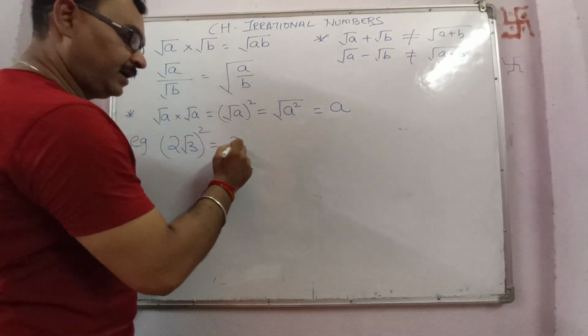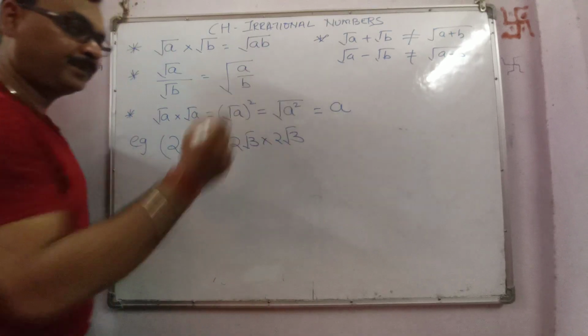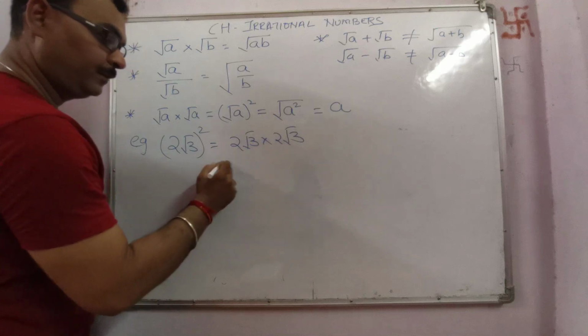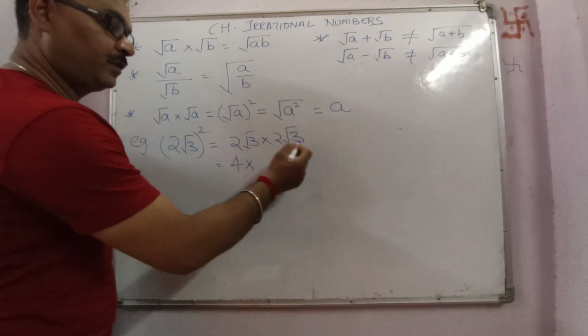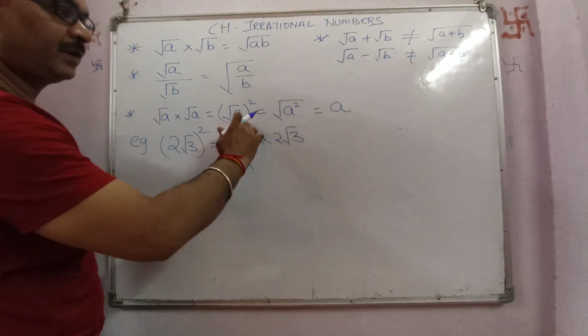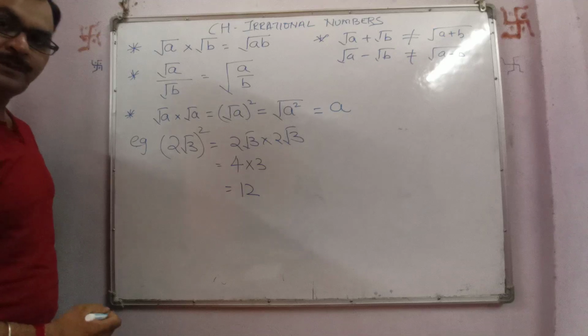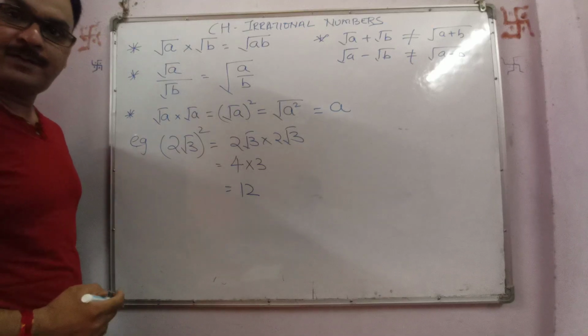Square means multiplying the same number twice. So 2 into 2, that is 4, and root 3 into root 3, that is root 3 square, or simply 3. 4 into 3, 12. I hope that everybody got that.